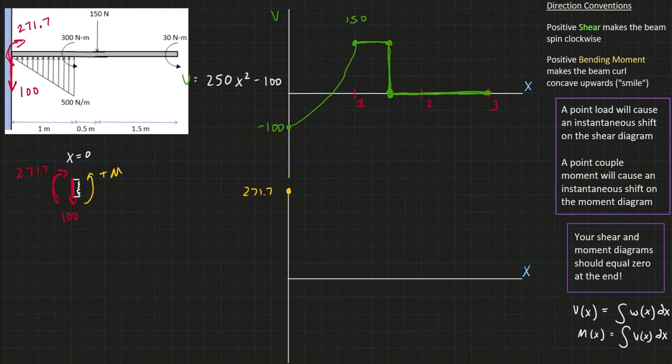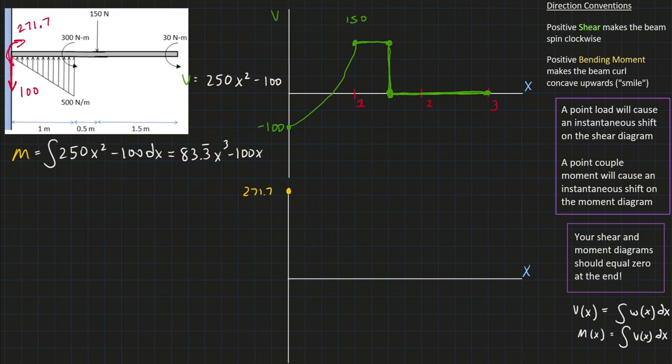And now we can run our indefinite integral process. And here is my first shear equation to anti-derive. So doing that inverse power rule, I'll get an 83.3 repeating x cubed, minus 100x, and of course a plus c.